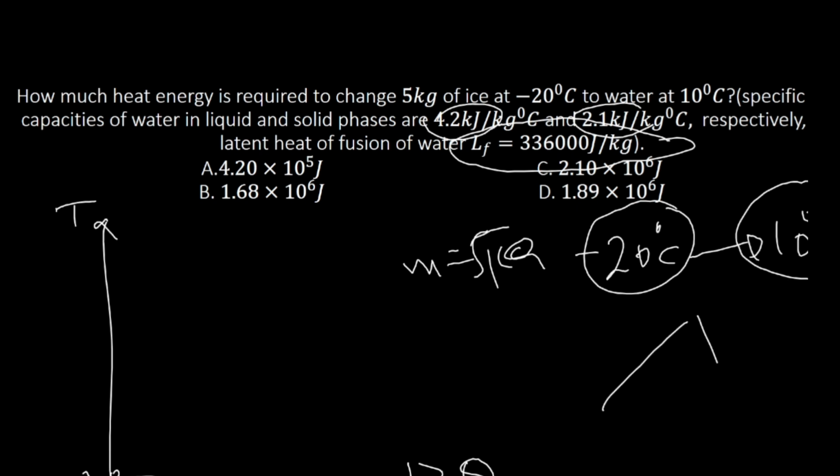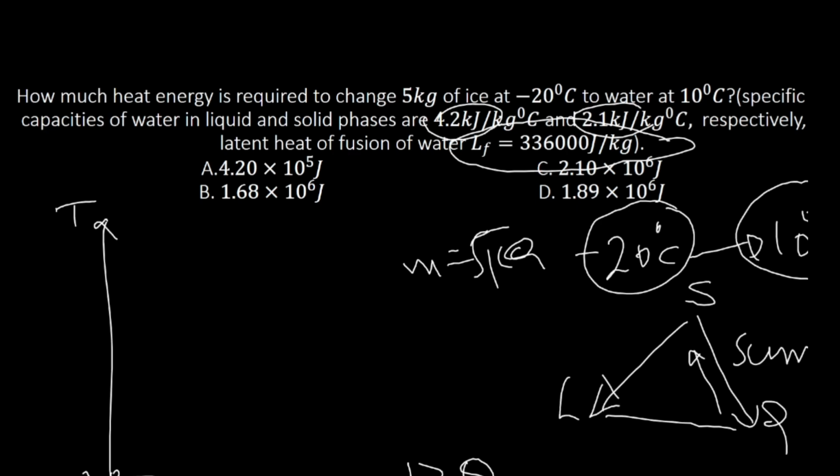There are three phases: solid, liquid and gas, with sublimation and deposition in the reverse direction, and this is called fusion, from solid to liquid. Solid ice changes to liquid water at 0 degrees centigrade. The temperature increases until 0 degrees centigrade, where the temperature increment ceases and the phase change keeps on.